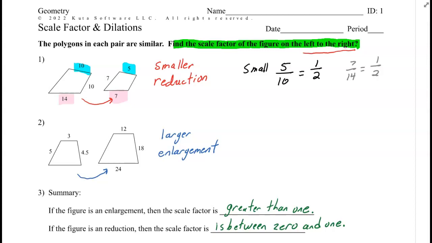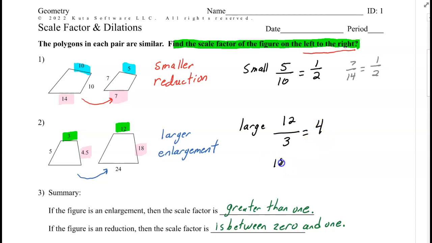So we're using the corresponding sides. If you look at example number 2, the 3 and the 12 go together. The 4.5 goes with the 18. Those are called corresponding sides. Since the picture is getting larger, we want the larger number in the numerator. So we're going to say 12 over 3, and 12 over 3 is 4, so the scale factor is 4.